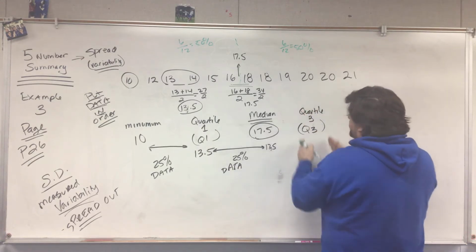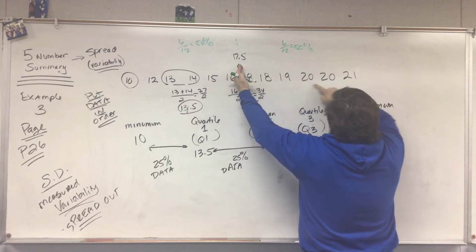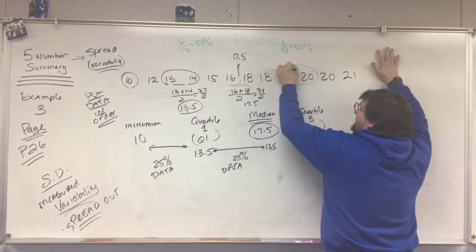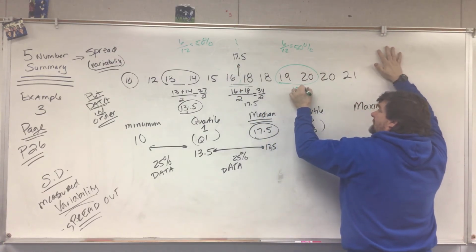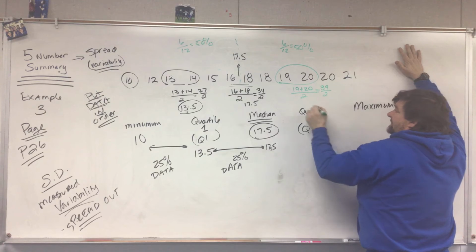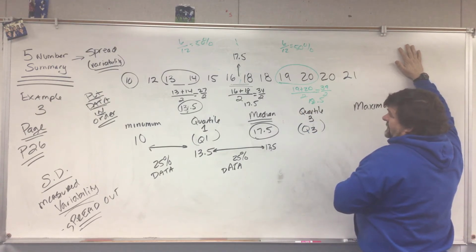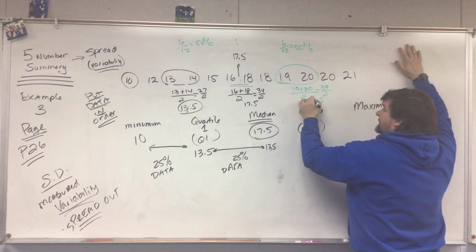Where quartile 3, we're going to take the right side here. There's 6 of them. That means I've got to take these two, add them together, and divide by 2. That's going to give me 39 divided by 2, which is 19.5, sorry.